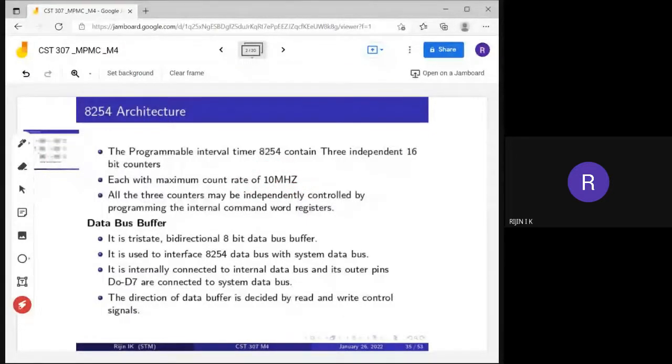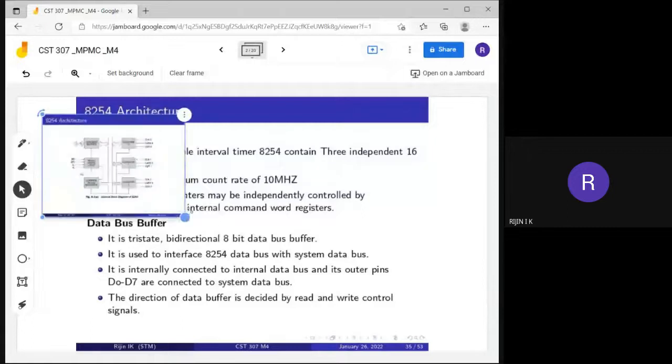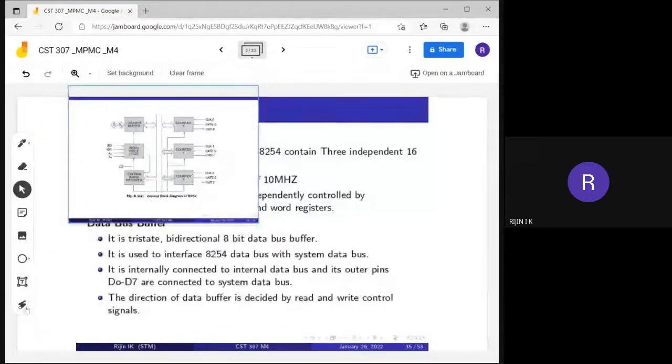And as I said, all these three counters can be independently controlled, and can be independently programmed.